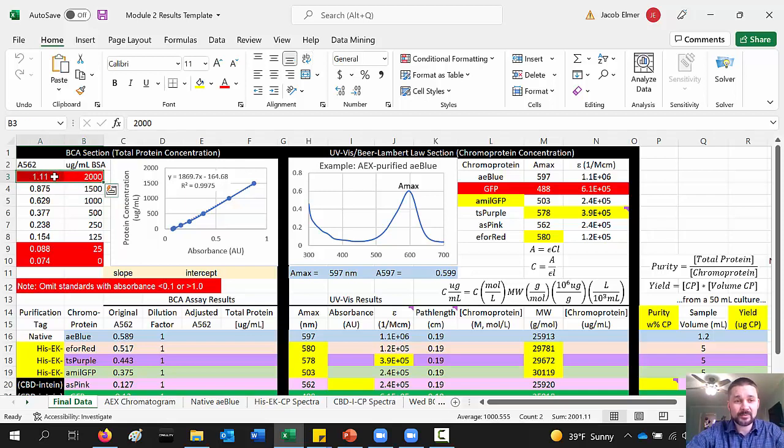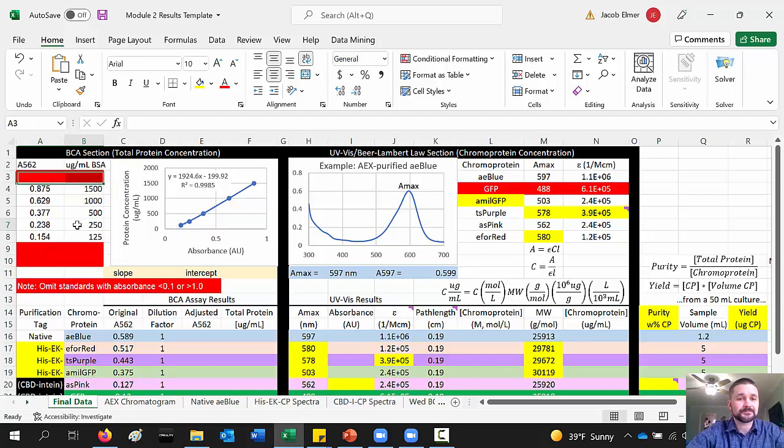So I can't trust anything above 1. At the same time, I can't trust anything below 0.1. So these two data points down here, I'm also going to eliminate from consideration, leaving me with just these 5 data points here. Okay? So anything above 1, get rid of it. Anything below 0.1, get rid of that as well.